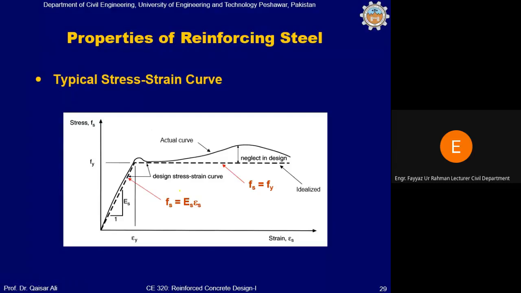You can see here in this portion, that is when ε, that is strain is less than the yield strain, the stress can be calculated from the Hooke's law, and if the strain is greater than the yield strain, then directly stress can be taken equal to Fy. Clear? So this idealization makes your calculation very simple. Clear?